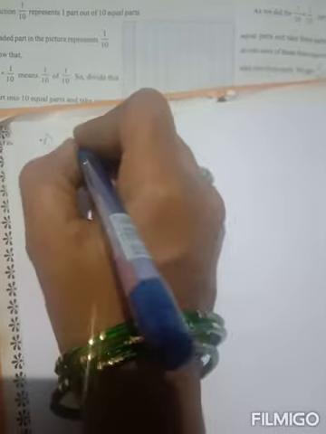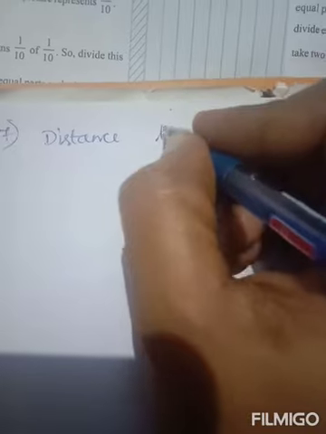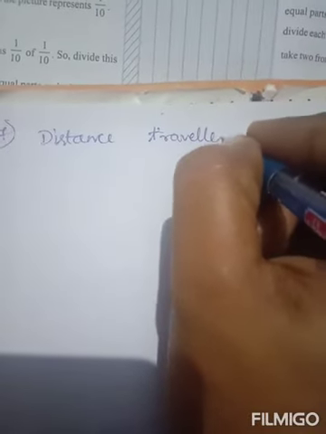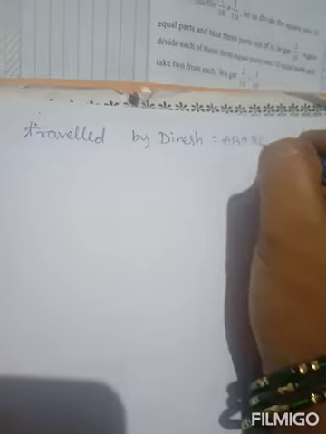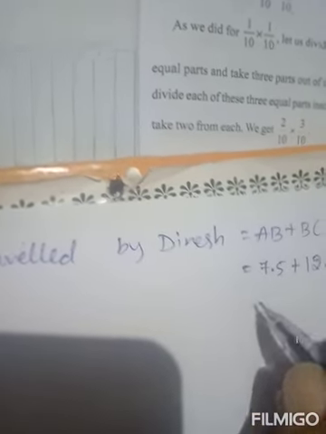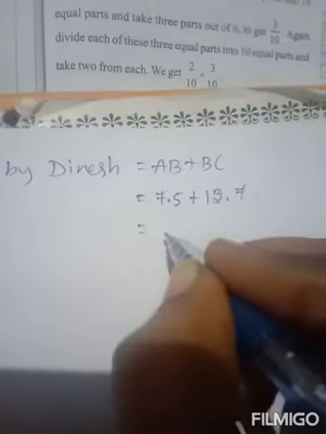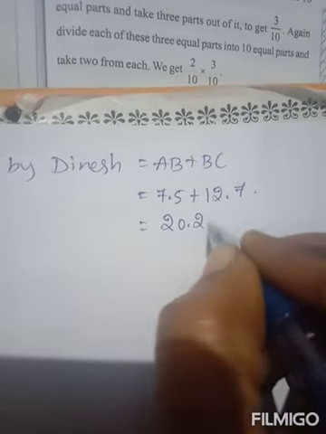Okay, shall I solve and show? Seventh one. Distance traveled by Dinesh is equal to AB plus BC. That means first he went from A to B, then from B to C. So how much is the distance AB? 7.5 plus BC, 12.7. Then you have to add these two. You are going to get the answer as 20.2 kilometer.